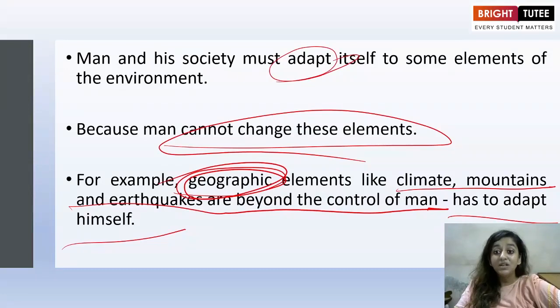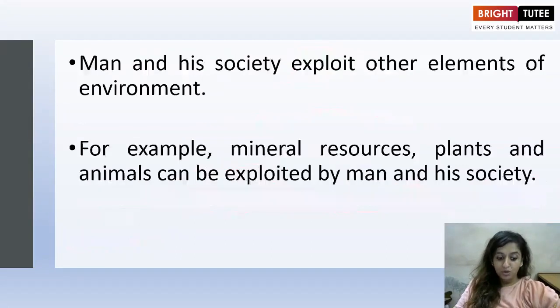Because they adapt to the things around them, to the environment, the geographical elements, the geographical conditions, and that is how they tune themselves. So that is a very major aspect of the environment: you as a man have to adapt to its major aspects.